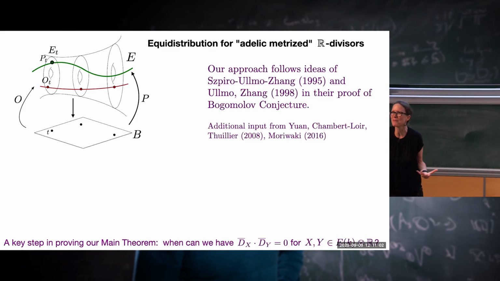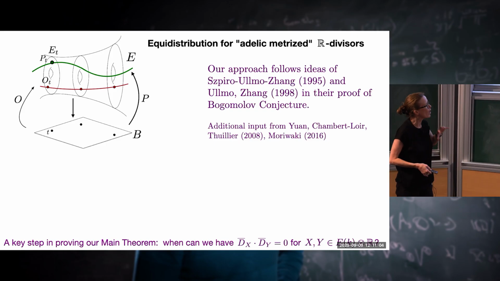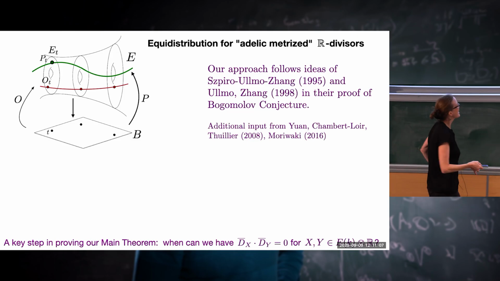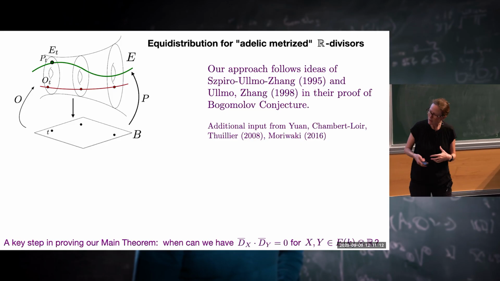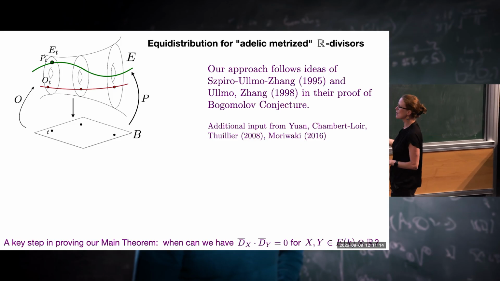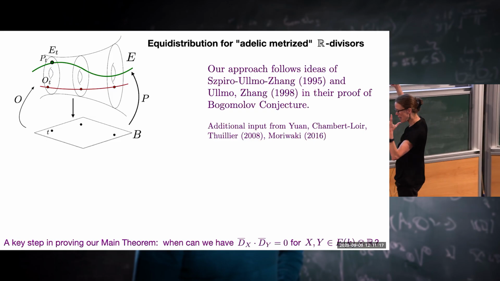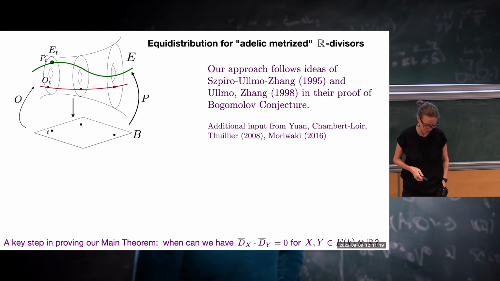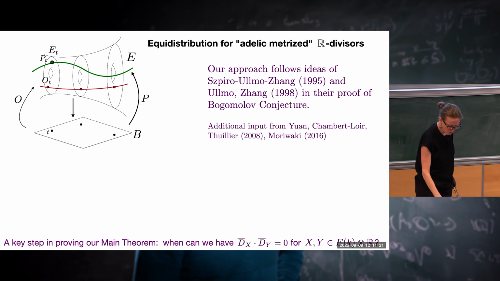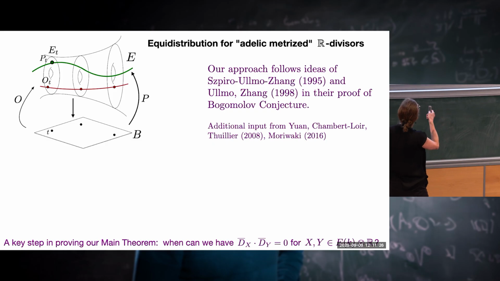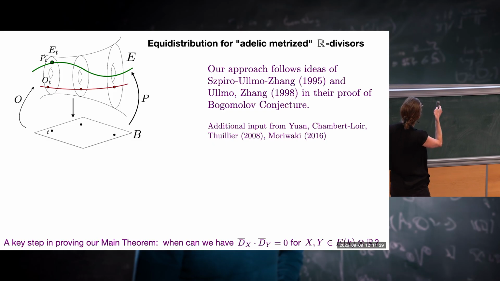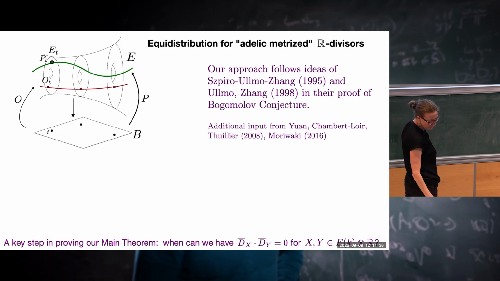I don't have time to give formal definitions, but one thing we realized, that whatever it is, the divisor equipped with a collection of subharmonic or plurisubharmonic functions giving rise to metrics at each place of the associated number field, that we could follow the proofs of Galois equidistribution in the setting of abelian varieties or in other projective varieties associated to heights with good properties, we could do the same for R divisors.